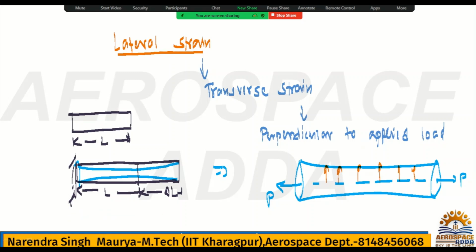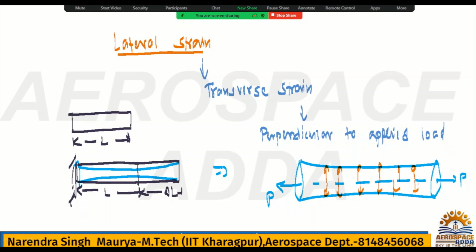If you check, the width is decreasing. So lateral strain, also known as transverse strain, always takes place at right angles to the direction of applied load. This is known as lateral strain.